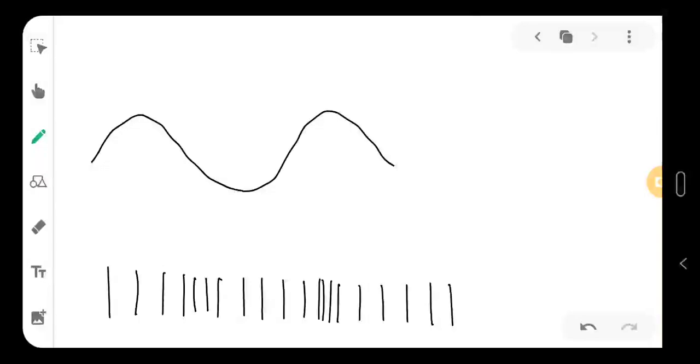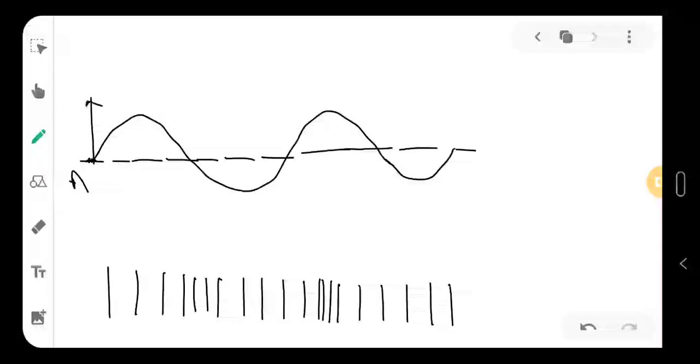If this is the starting point, let's say A is my starting point, I'm just drawing the axis, and this is your displacement.